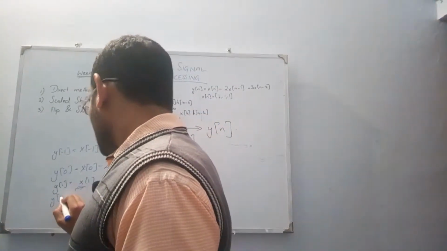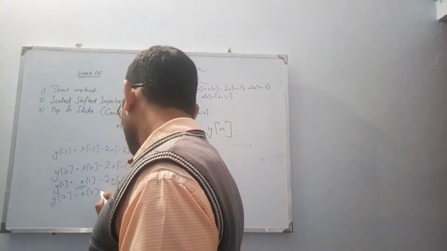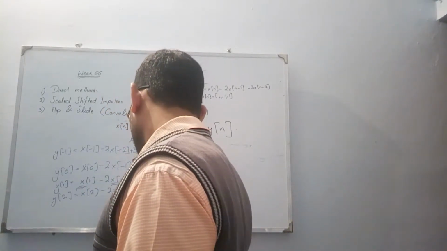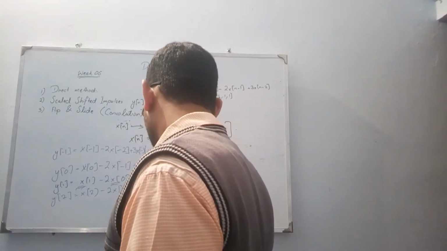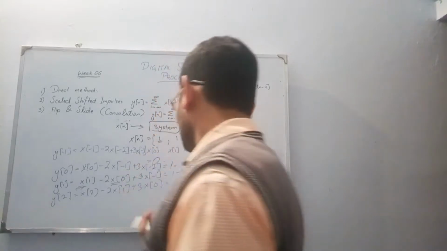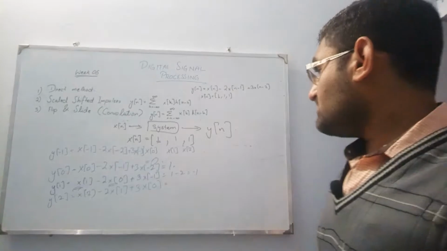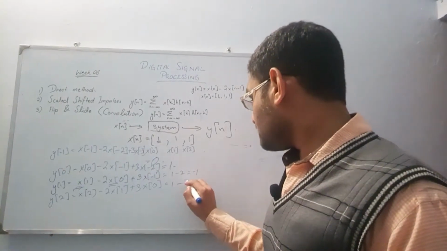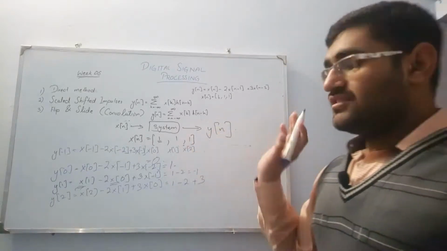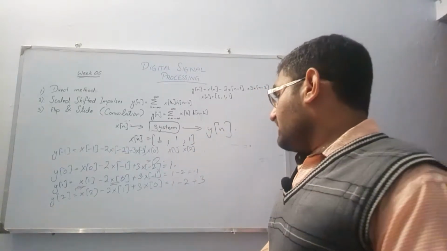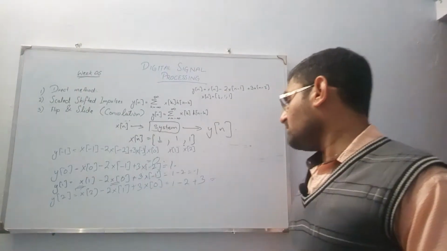Similarly, y of 2: x of 2 minus 2x of 1 plus 3x of 0. So I have all the values of these three indexes, which is 1 minus 2 plus 3, because all the index amplitudes are 1. So what's the output?